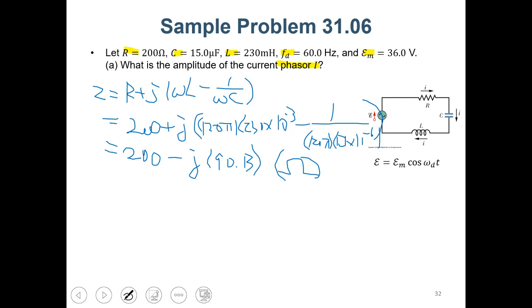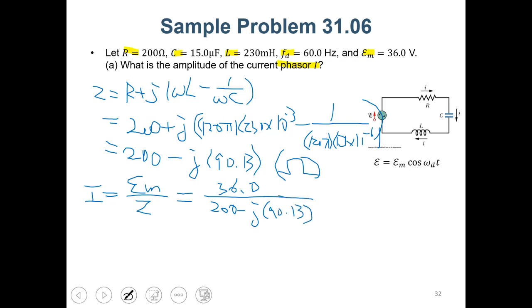So in this case, I is EM over Z, which is V over Z, which is 36.0 over 200 minus j 90.13. It's still about the amplitude.